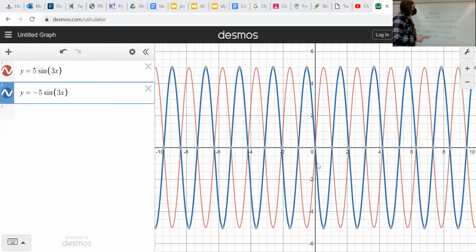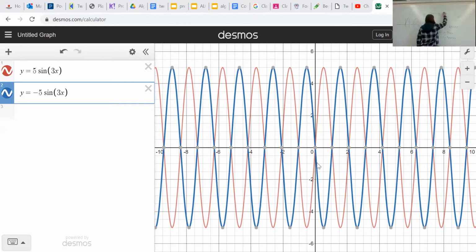So what does that mean for us moving forward? We've not yet talked about having a negative out in front of a sine function. That means when you have any function at all that starts with a negative sign, meaning you have a negative a, you are going to have your first 5 points look like this instead.